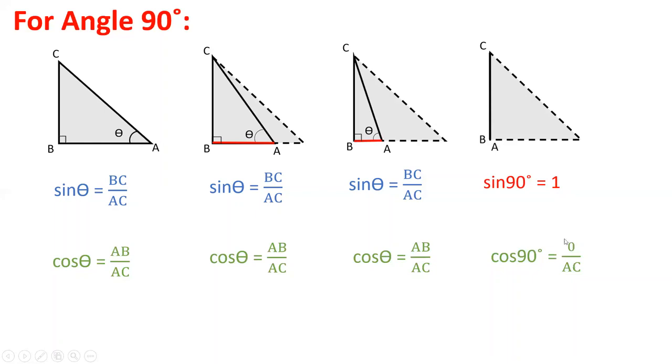So instead of AB, I have written here 0, and 0 by anything is what? 0 only. So here our cos 90 degree is equal to 0. See, sine 90 degree became 1 and cos 90 degree became 0. So this way we get these two ratios. Now these are also very important. From these ratios only, we are going to derive other ratios.